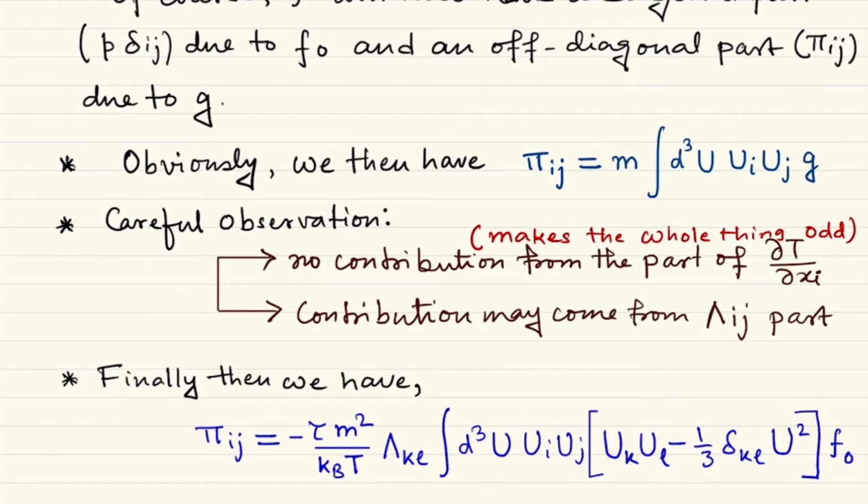Of course, here i and j are the free indices, and k and l are all dummy indices. That means there is a sum over these indices.